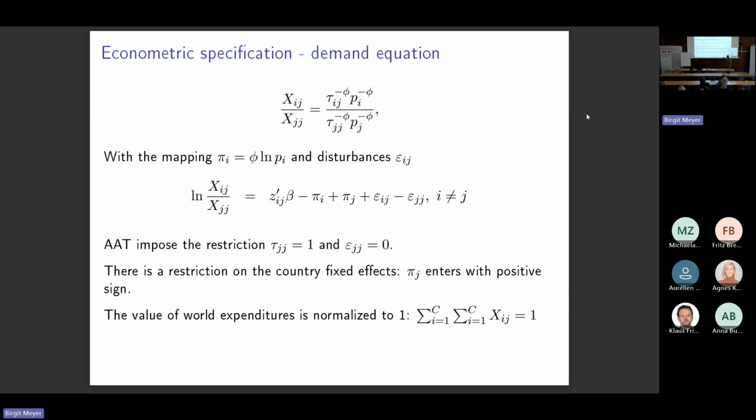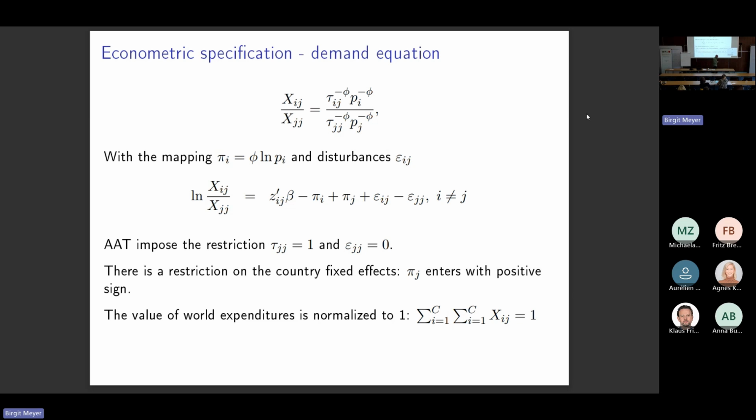And they parameterized the Tij by some explanatory variable Zij. Here you see that's like distance, common language and all that. And if you see this one and that one, that turns out to be, say, the fixed effects up here, fixed export effects, fixed import effects, and these capture the prices up here.